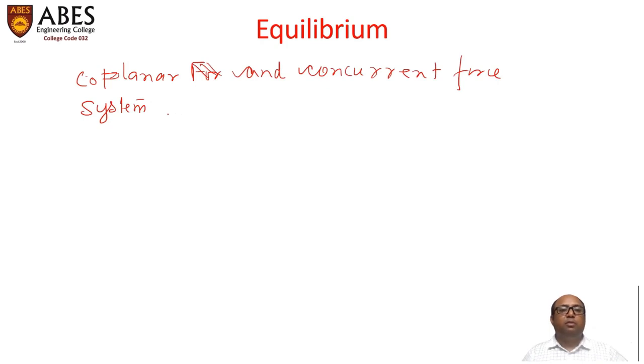So what is the meaning of the word coplanar? When all the forces are acting in a single plane, it is called coplanar. And what is the meaning of the word concurrent? Concurrent means all the forces either converge or emerge from a single point. Let us take an example.